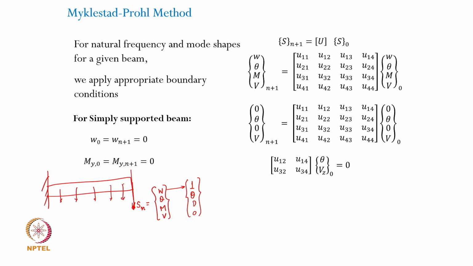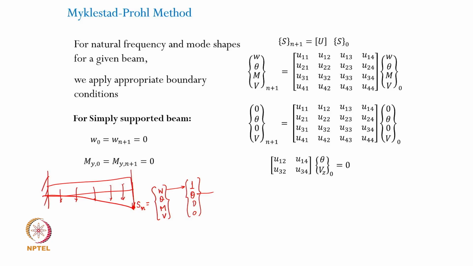This is something you can always calculate going back exactly the way we did in the Holzer method case, so I am not going to repeat it; it's quite straightforward, and you can go back to the Holzer method and see how I did that. Theta will be replaced in terms of the parameters on the extreme left. Those are the things you can refer to and do for the Myklestad-Prohl method as well.